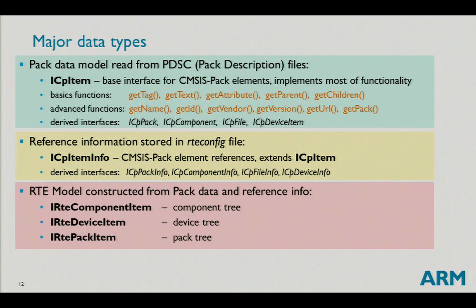Get tag, get text, get attribute to get the properties, and get parent and children for the hierarchy. For convenience, there are some advanced functions, get URL, get pack, and so on. And derived interfaces, which describe pack, component, and device.